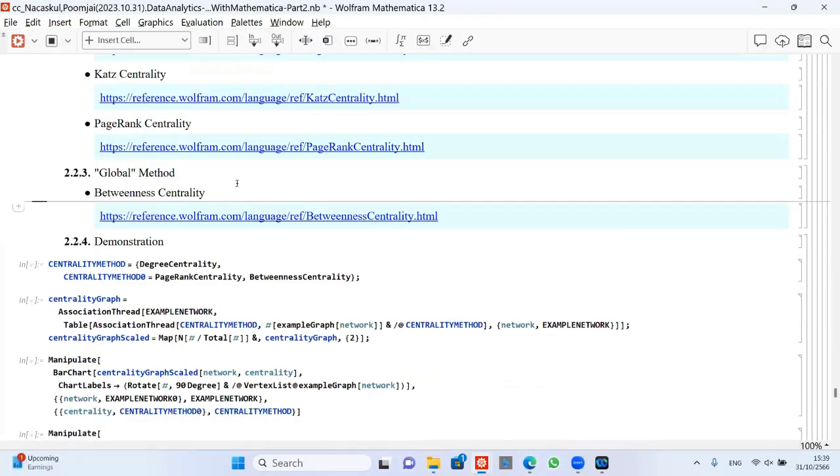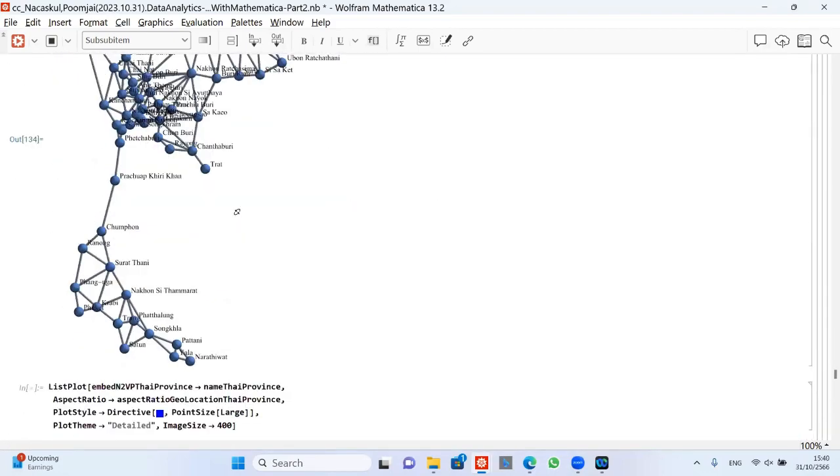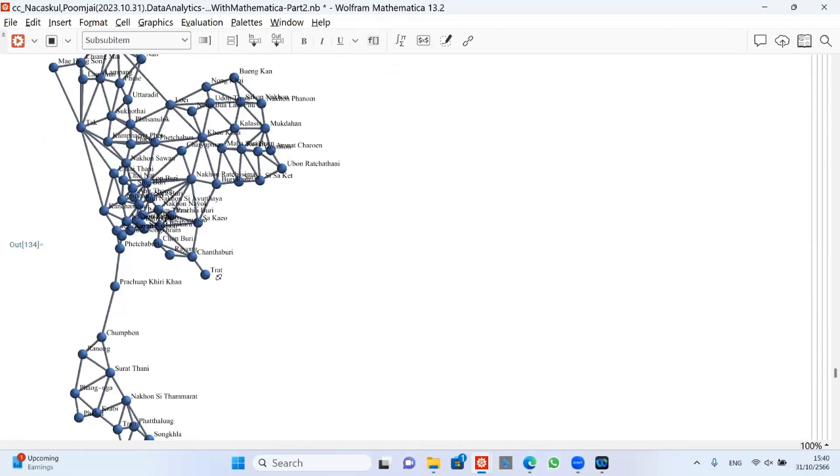Now, there's something else called betweenness centrality. This is very nice. It's based on the idea that this would work for something like a geographic network. The notion is this: take any two provinces and find the shortest path.